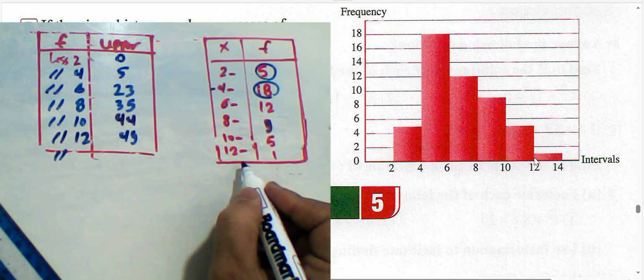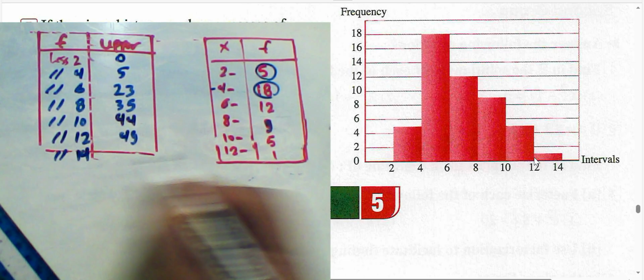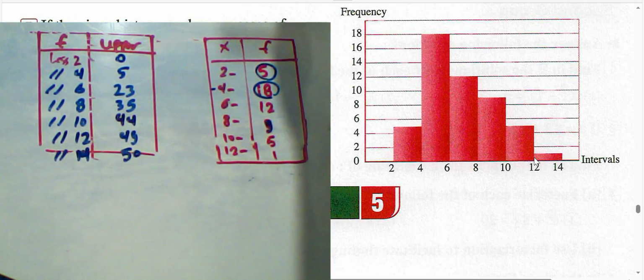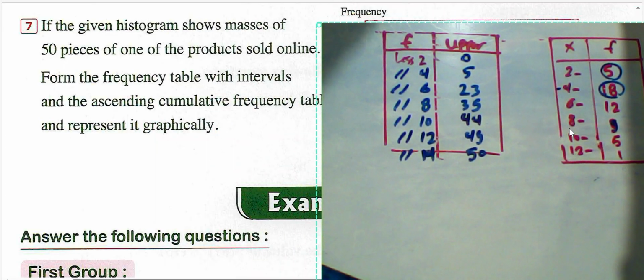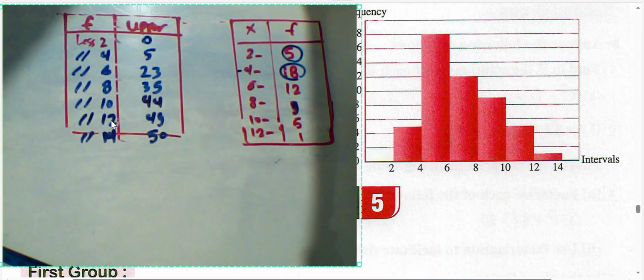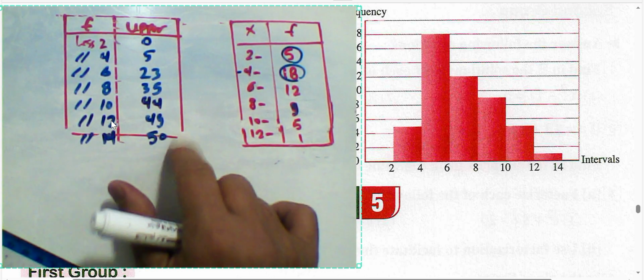Less than 14, 1 plus 49 is 50. And here the question wants us to form the frequency table with intervals and ascending cumulative frequency table and represent it graphically. You want to represent the data here graphically.